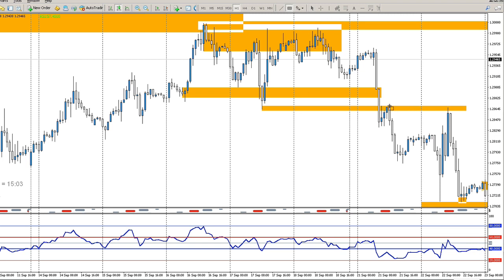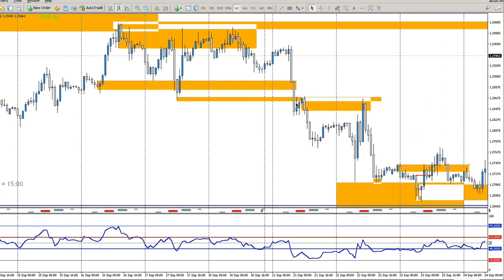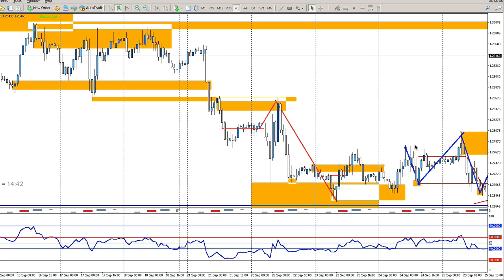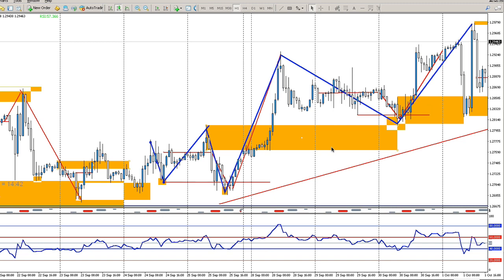And along this line as well, you also see the order block, which gets returned into: accumulation, manipulation, distribution on the short side, but also on the long-term side is accumulation, manipulation, and distribution, down into that weekly order block, and then we get the rise.